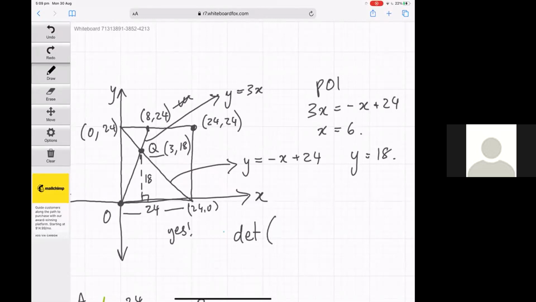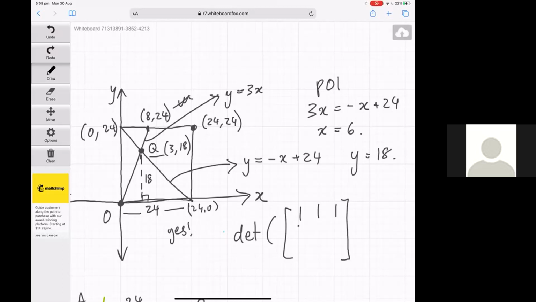I might have the order wrong, but you put ones on the top row, and then the x values, and then the y values. Let's try anti-clockwise. If it's negative, it'll be the same absolute value.